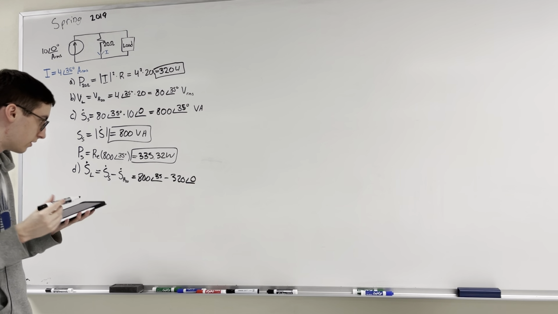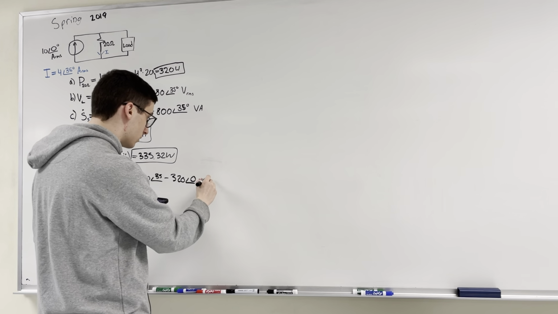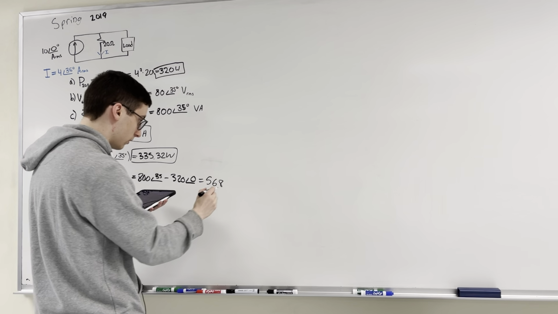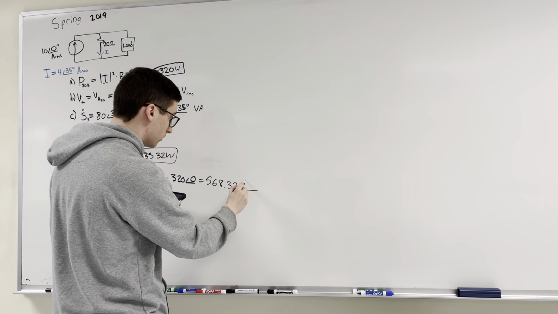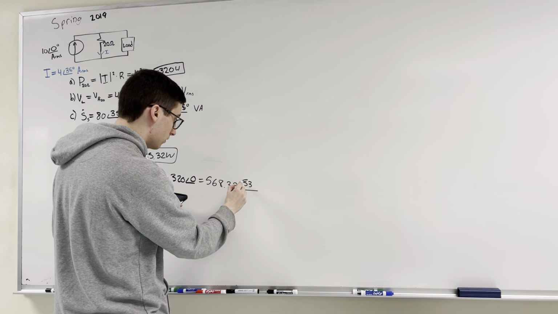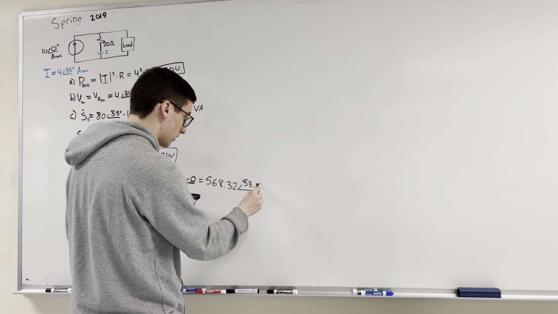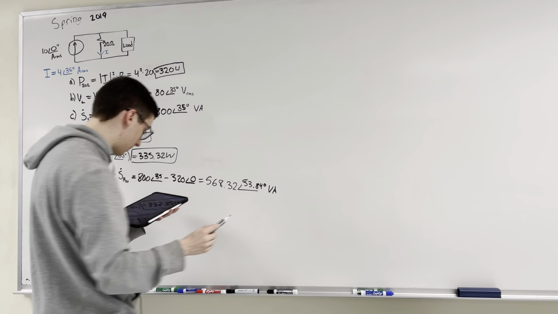Now just do some stuff in your calculator, and you will find this is equal to 568.32 with a phase angle of 53.84 degrees. And this is all in VA.